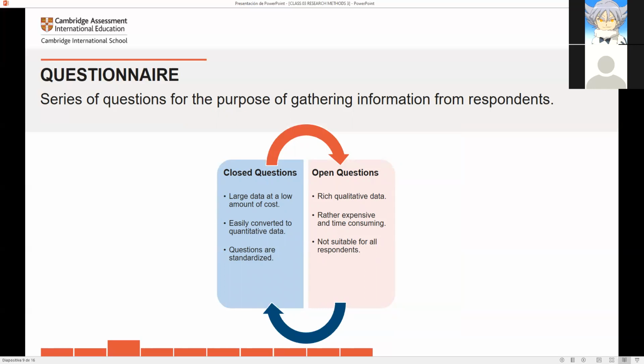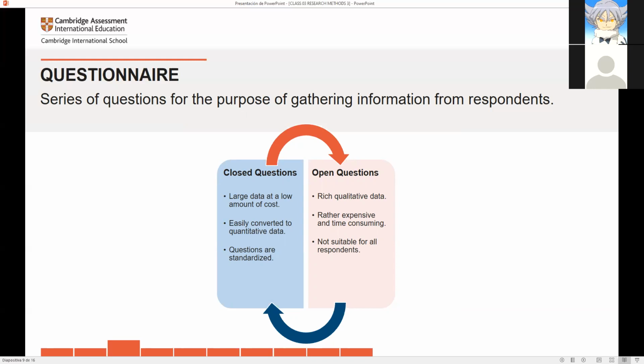Most of the time in questionnaires you respect the anonymity of the participants. We have closed questions, where you get large data at a low cost, and open questions with rich qualitative data. The closed questions are easily converted to quantitative data.